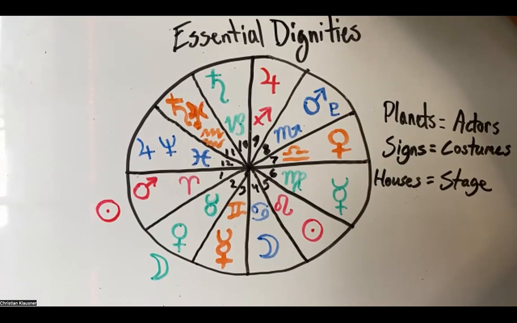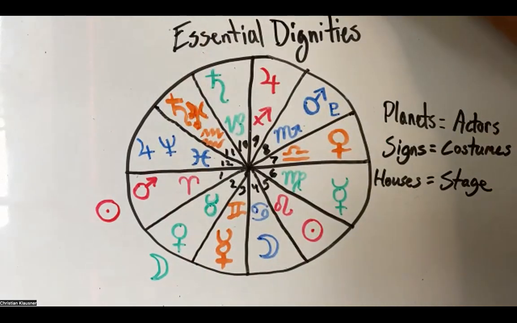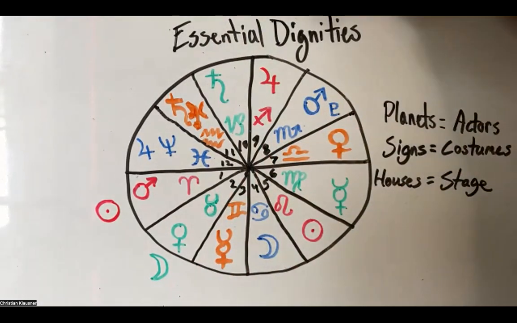Mercury doesn't actually have any exaltation. Oh gosh, what's happening here? Please tell me you're recording, Zoom. Okay, cool. All right, so Mercury has nothing exalted in it.